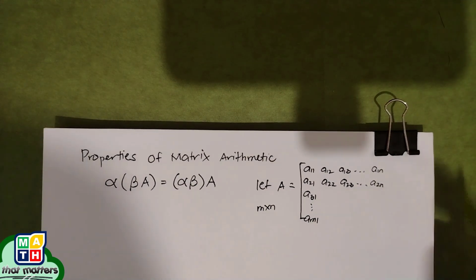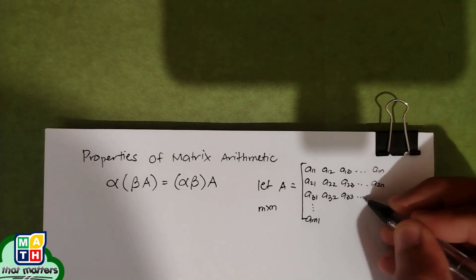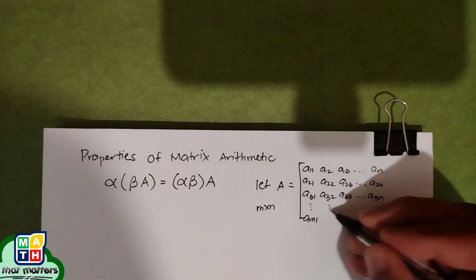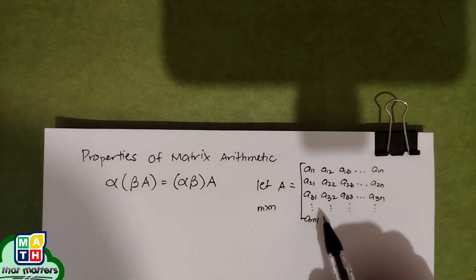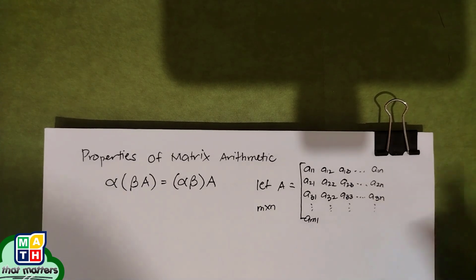I would like to caution you that if you're going to prove matrix arithmetic or any proof involving matrices, you really need a lot of patience, because it will take a lot of time. As you can see, we're doing this dot dot dot because we don't know the exact value of m and n.